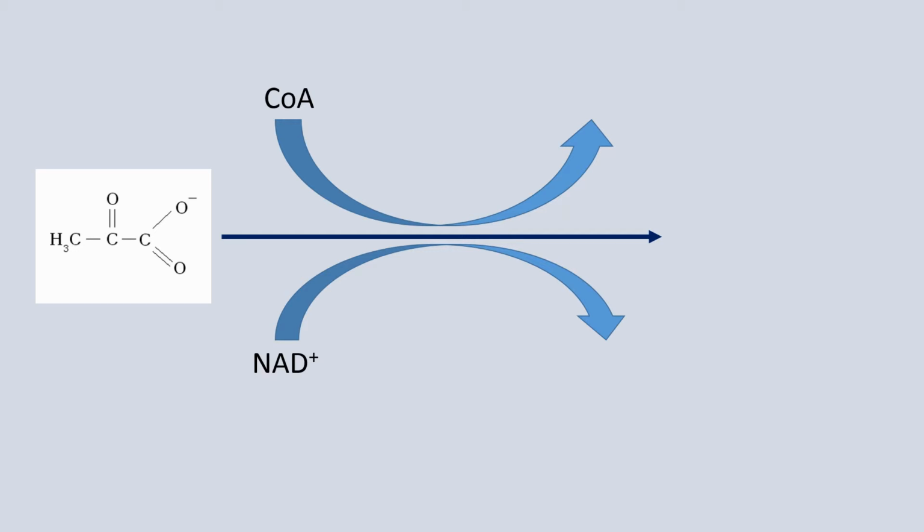At the same time, NAD, the coenzyme NAD, is going to remove a hydrogen, so it's going to oxidize pyruvate and become reduced itself. So these 2 coenzymes join the reaction. NAD becomes reduced NAD, but what's given off when coenzyme A joins pyruvate is carbon dioxide.